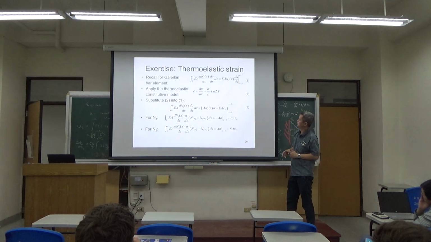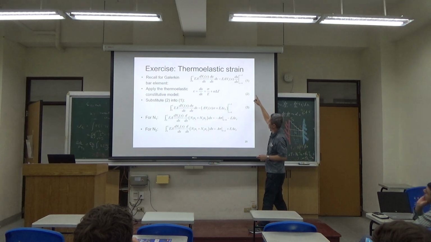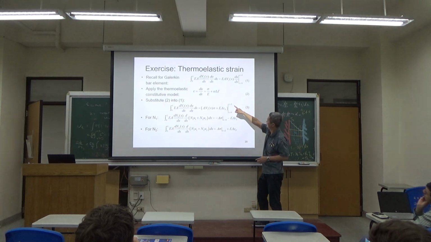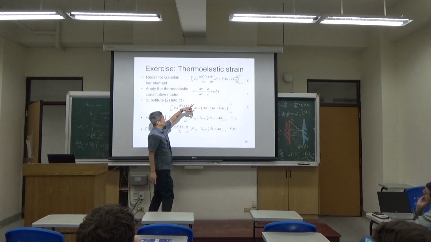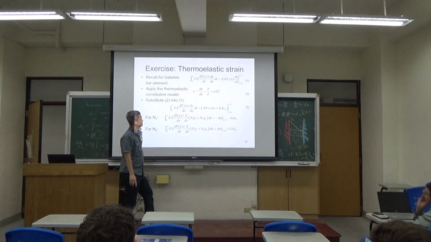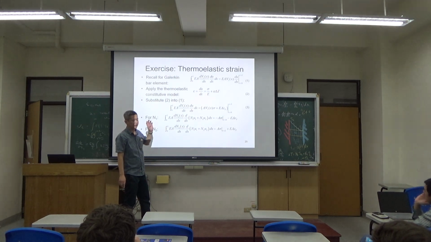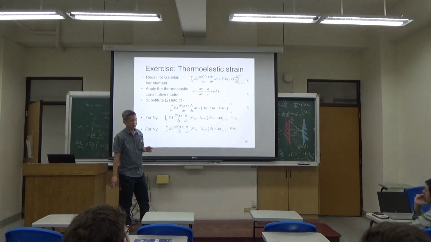Here, the Galerkin method is almost exactly the same as you did. But what you have to do is substitute the total strain into the expression above. du/dx in the presence of thermal expansion is the total strain.